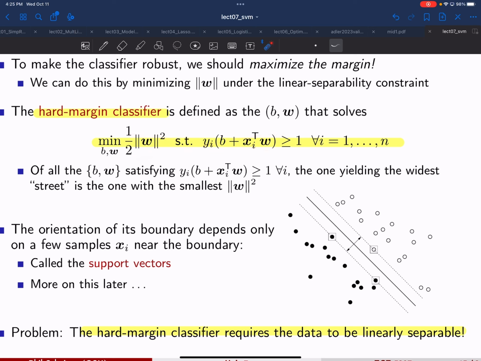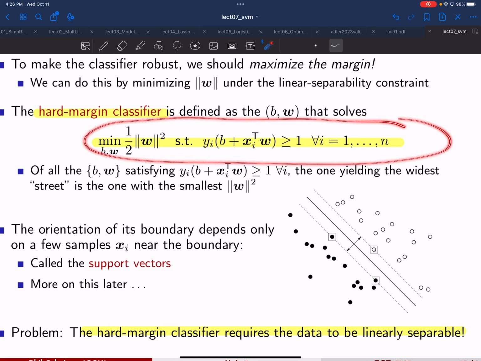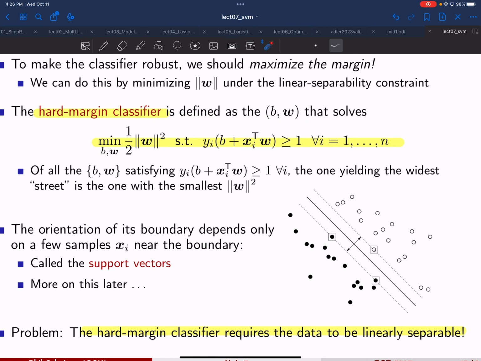Right? Because we said that's a requirement for the way that we're setting things up. So this is just the first step along a way of understanding how to solve general problems. This certainly works if you're given a linearly separable data set, but it doesn't work more generally.